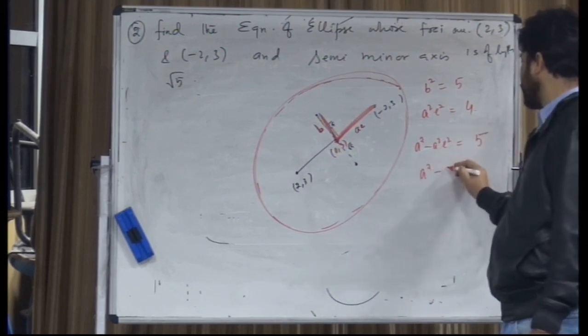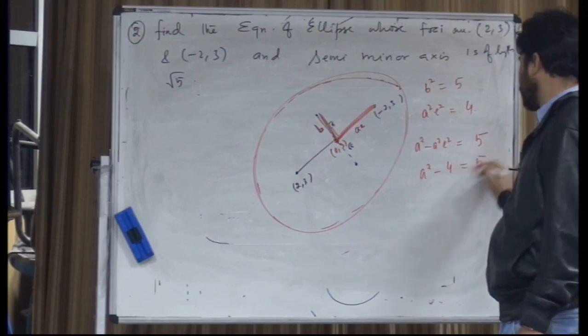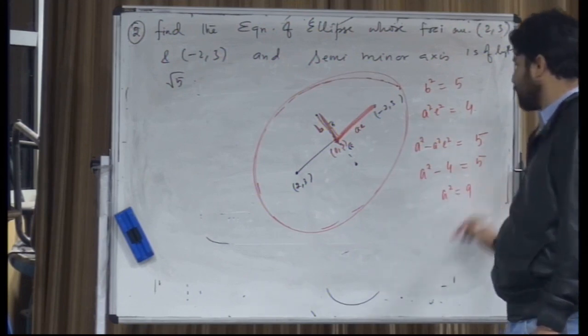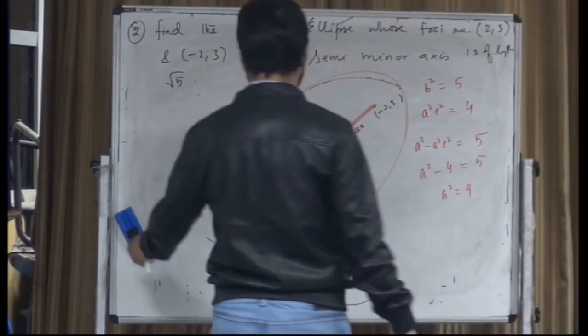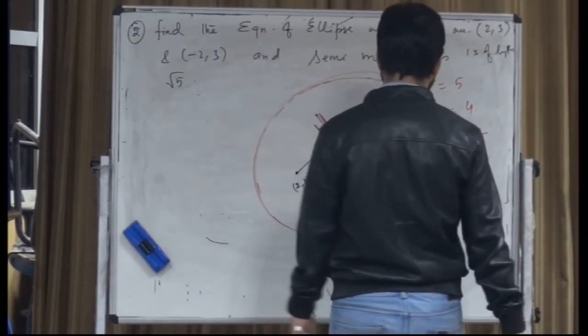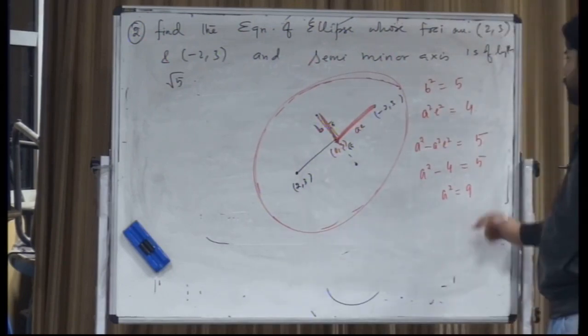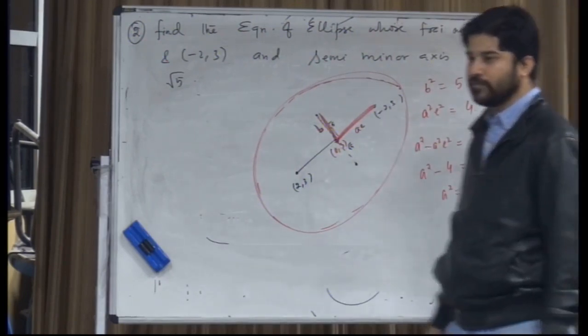So a square minus 4 is, so a square is 9. A square is 9. So a is basically 3.